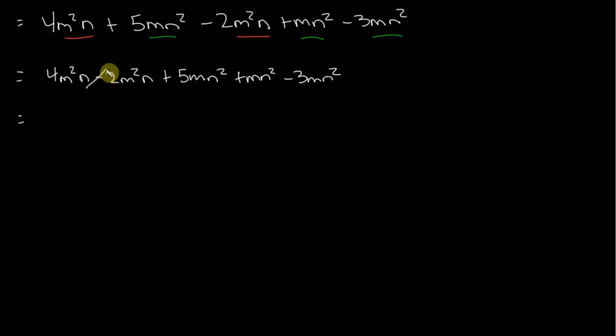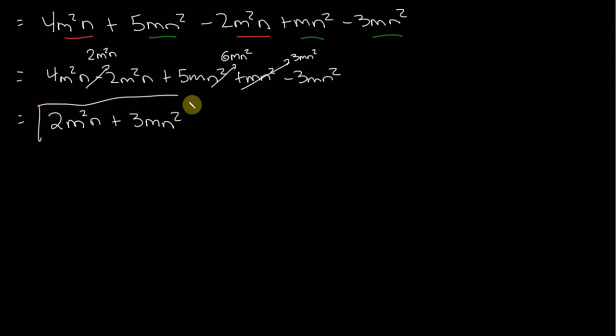So 4 minus 2, that's just 2, so that's going to be 2m squared n. 5 plus, this is just a 1, okay, it's implicit, so it's just going to be 5 plus 1 mn squared, which is going to be 6mn squared. And then if you take 6 and you subtract 3, well, that's going to leave you with 3, right? So then all of this equals 3mn squared. So we can rewrite this as 2m squared n plus 3mn squared. And that's it. We are done.